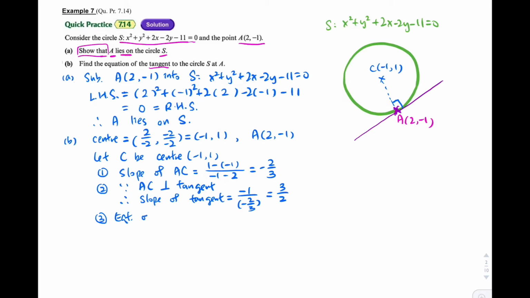And finally, you can write the equation of the tangent to S at A by using point slope form, y minus -1 over x minus 2. You got the slope is 3 over 2. And try to simplify. You will get 3x minus 2y minus 8 equals 0. This is the answer.